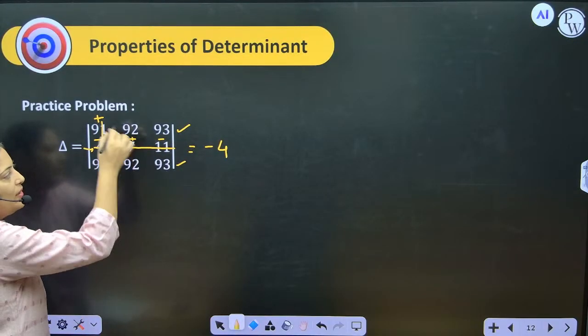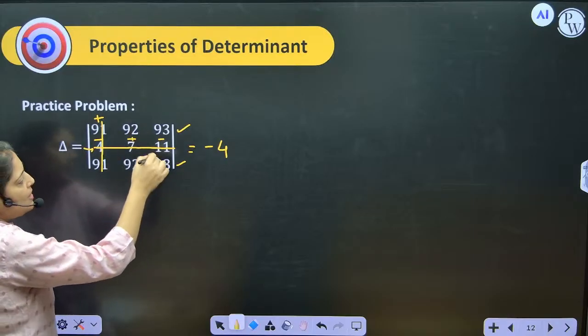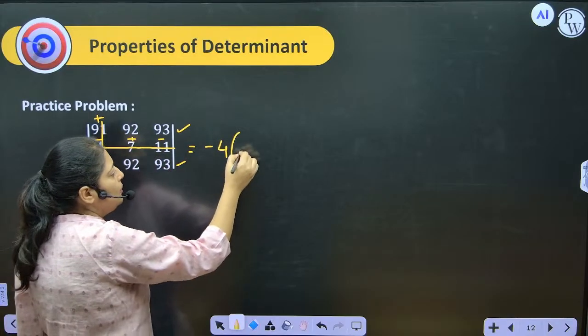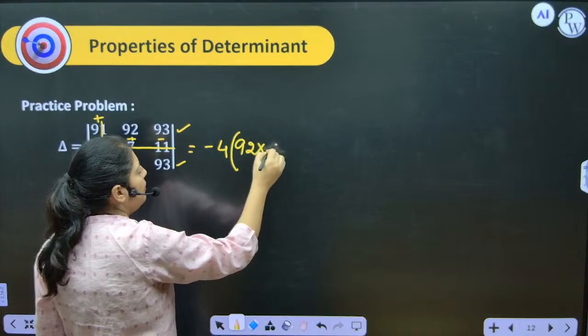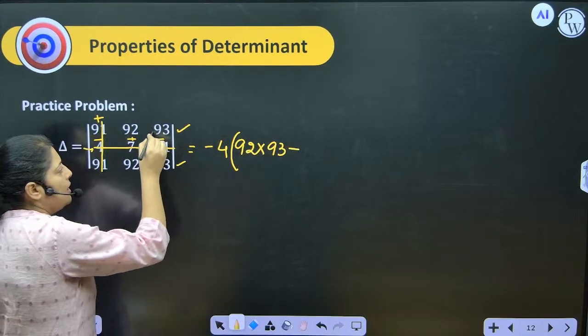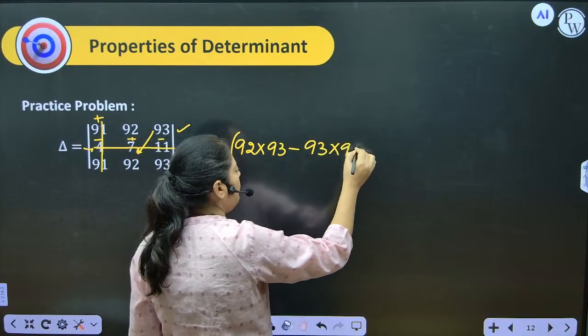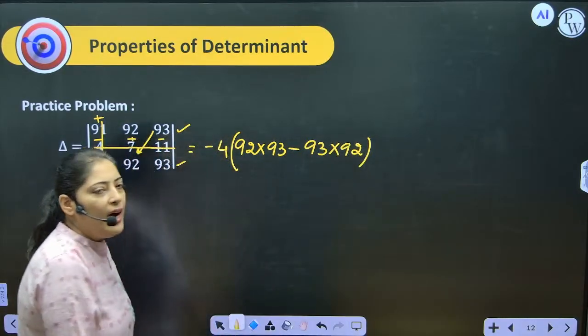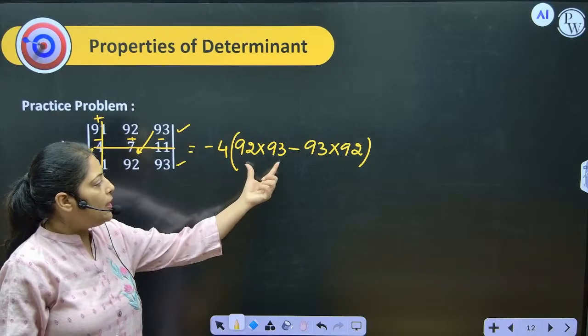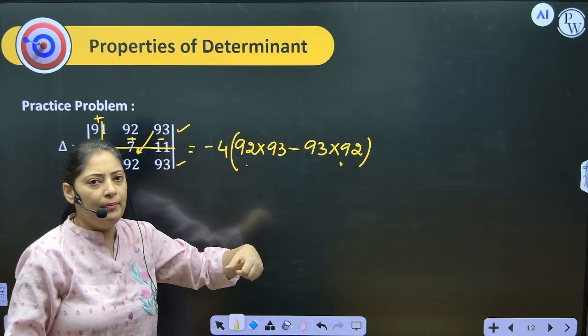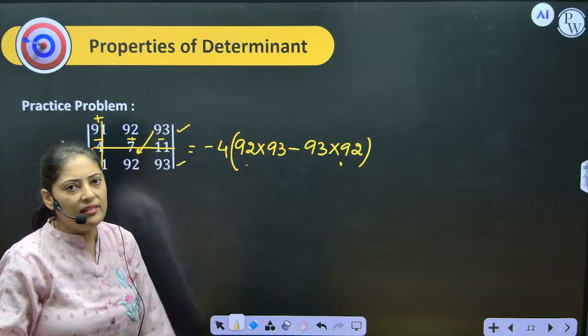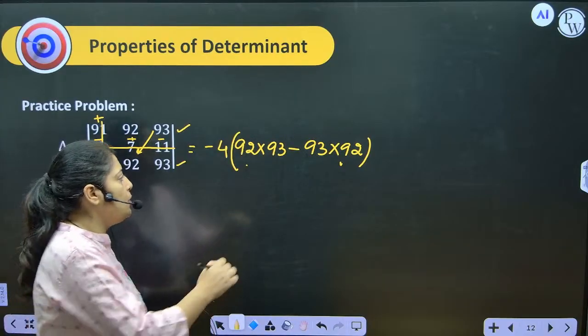Which numbers are left? 92 into 93 minus 93 into 92. Understood? This product and this product are the same. Cancel it. This will come out to be 0.